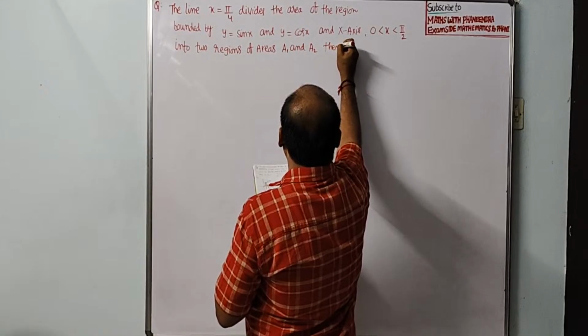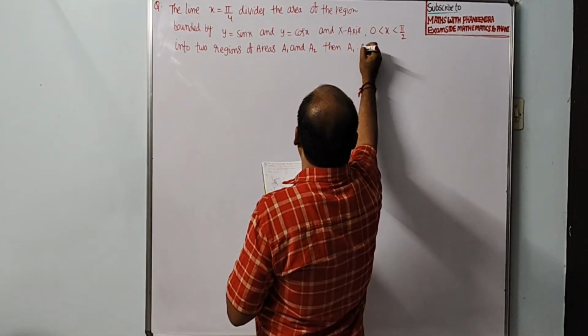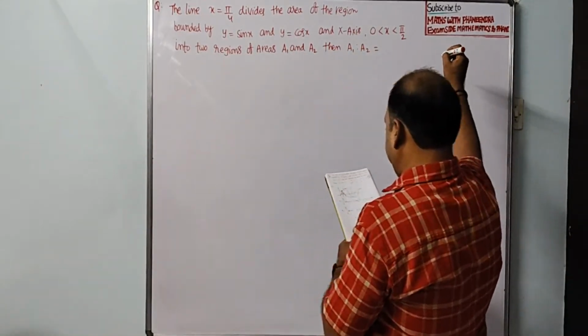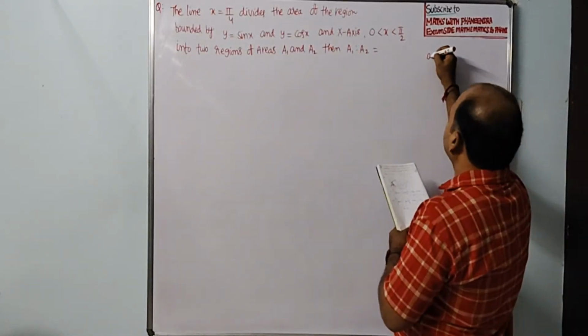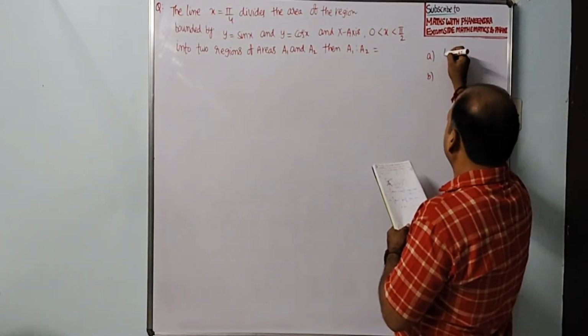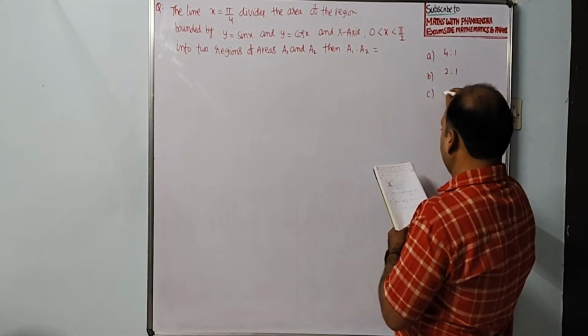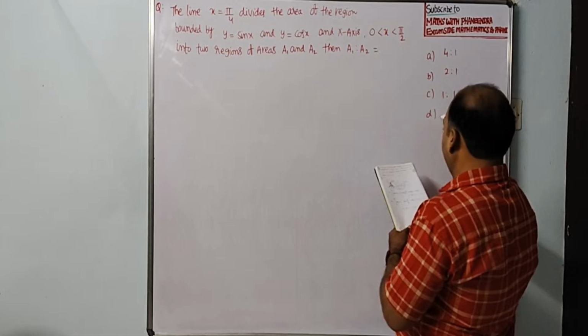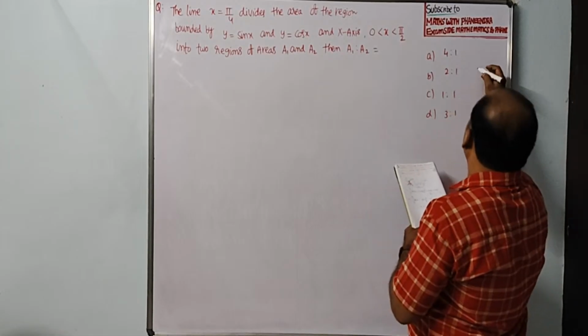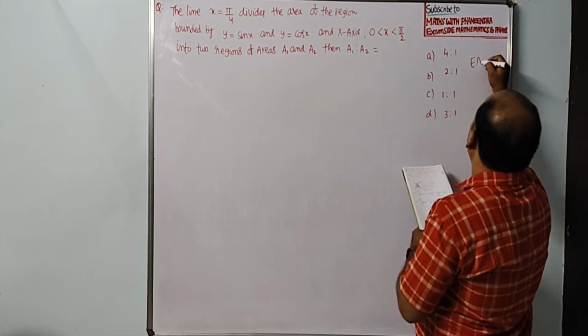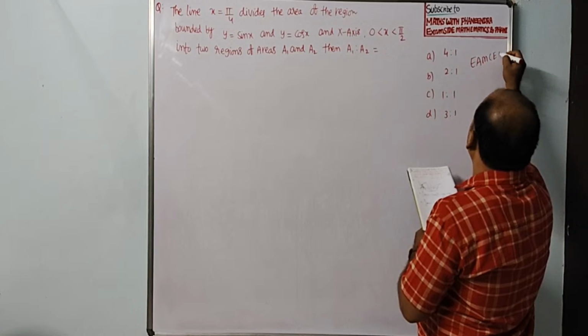Then A1 is to A2 equal to: 4 is to 1, 2 is to 1, 1 is to 1, and 3 is to 1. This is answer 2009.